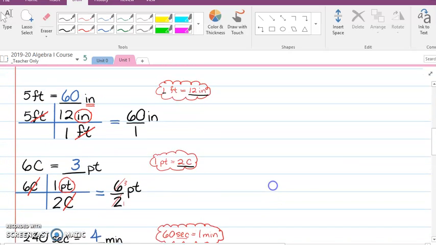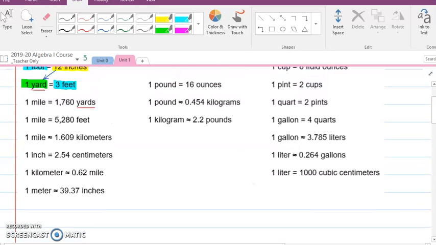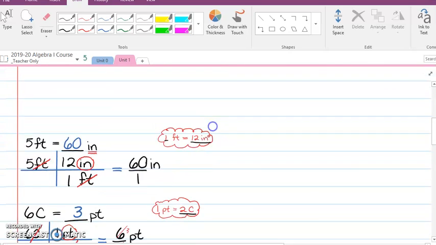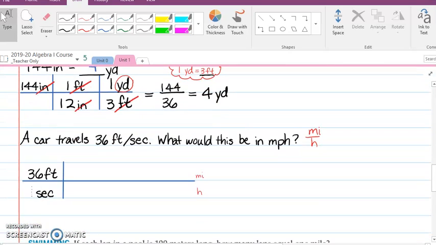So let's go back up to our shopping list at the top. Do I have something that converts feet to miles? I sure do. 1 mile is 5,280 feet.